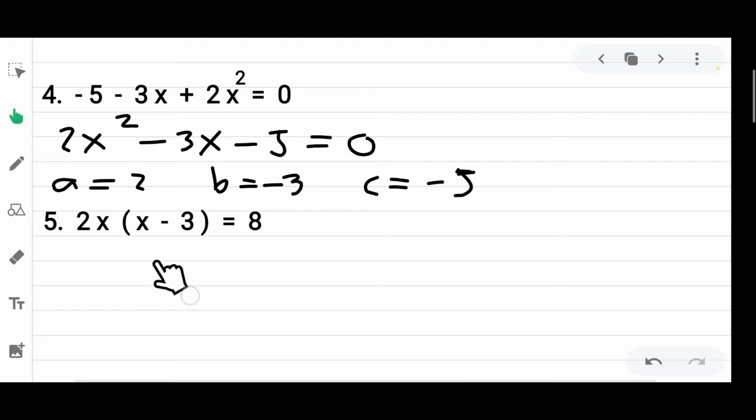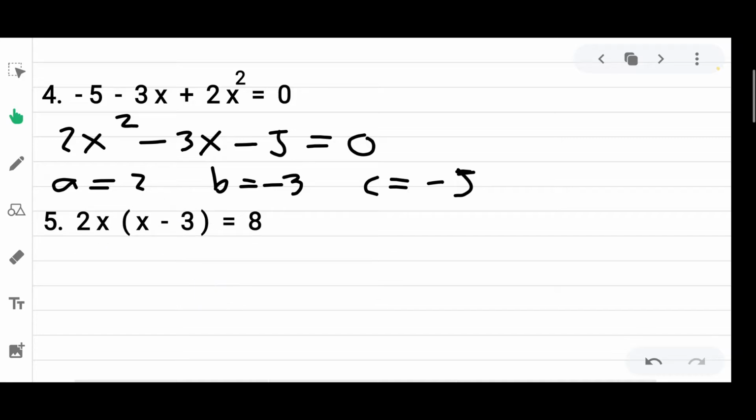Okay, so for our last example, we have 2x times the quantity of x minus 3 equals 8. So, kung napapansin ninyo, kailangan muna nating gamitin ang distributive property and then we arrange the terms. Okay, so gagamit tayo ng distributive property.